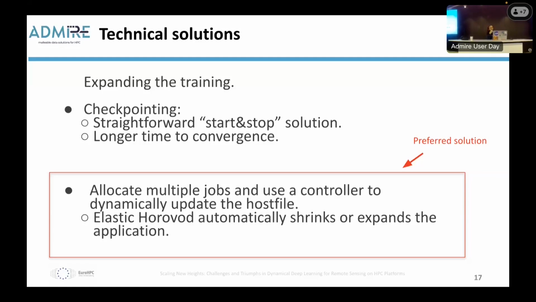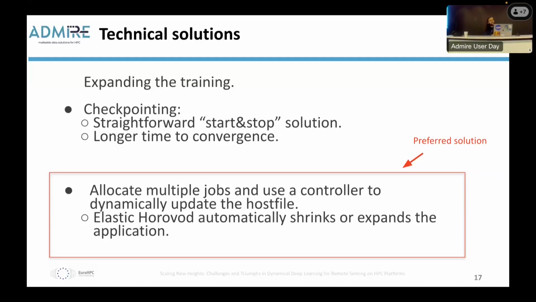So our preferred solution is the second one, which is allocating multiple jobs and using some sort of controller to dynamically allocate and release resources and update the host file with the available resources.